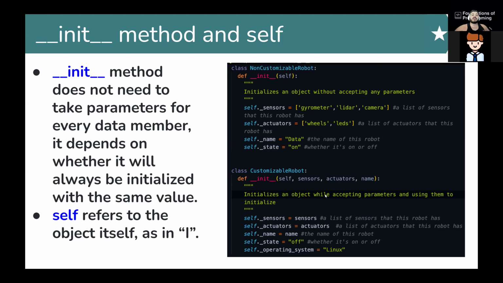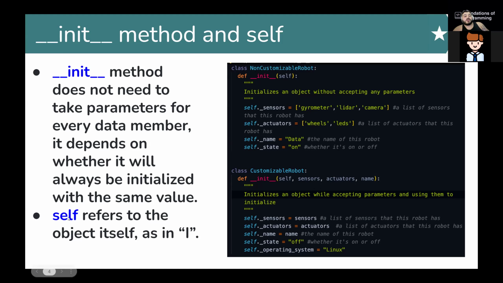So this will allow us to customize this robot when creating it, right? The only thing we can't customize is the states. As you see here, it's set to off by default. And same thing with the operating system set up to Linux. But this one at least lets us customize three different other properties where the non-customizable robot didn't give us the ability to do any of that. By default, it just started off with these.